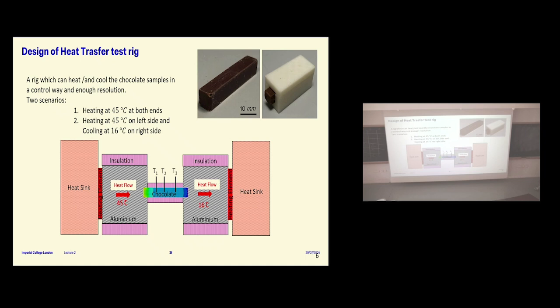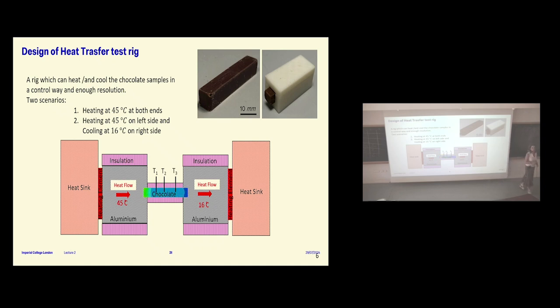So I'll start off with the heat transfer. We had a beam of chocolate, and we built this rig. This is your chocolate here. All of this complex thing enables you to put different temperatures at the two ends of the bar. I'll be showing you two types of tests: one where we put both ends at 45 degrees, and the second test at 45 and 16.